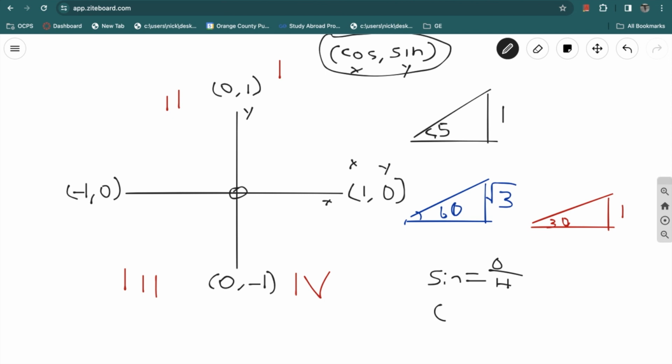And cosine is adjacent over hypotenuse. Given this, we can discover when the trig function is going to be negative or positive in the unit circle.